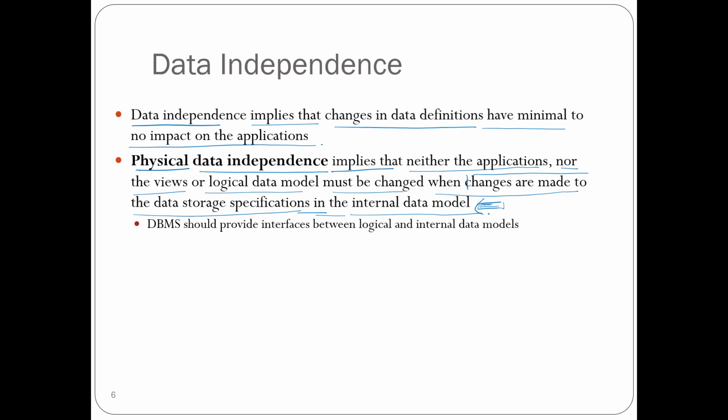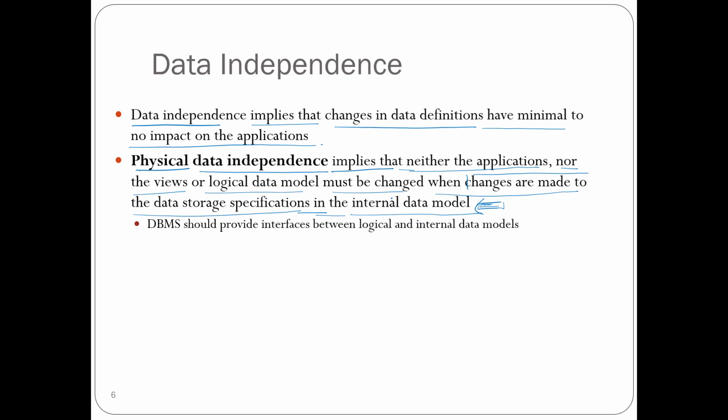So let's think about some efficient file structure that you could think of, or you thought about some indices or indexes to be introduced, just to improve the performance. Now those changes are happening at the internal data level. So these changes should not impact the application that has been written, the database application that has been written. Okay, and it happens, which is very good news.